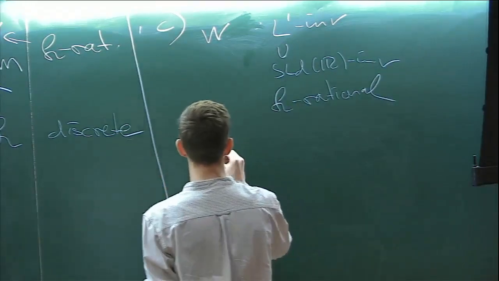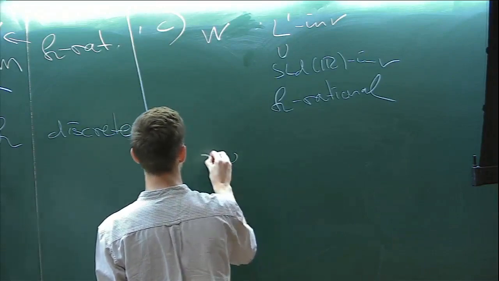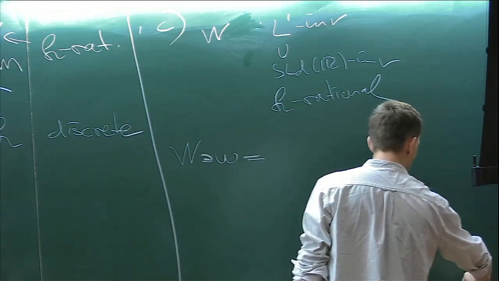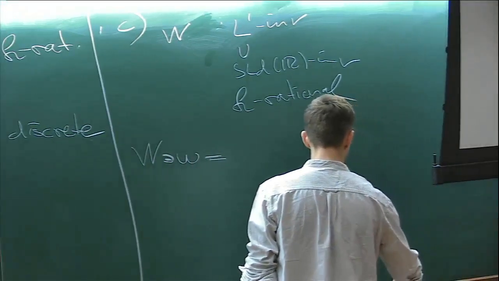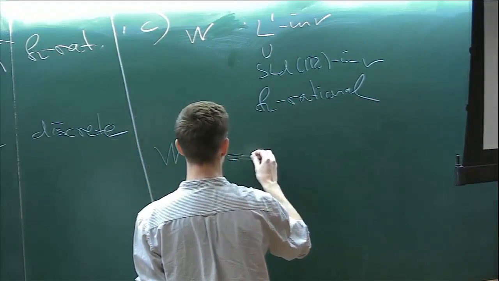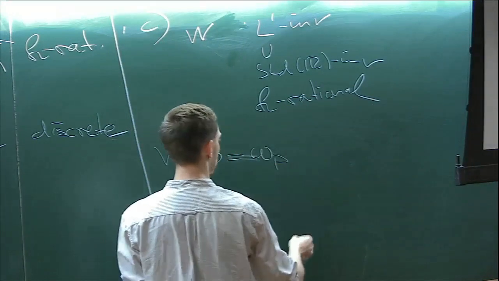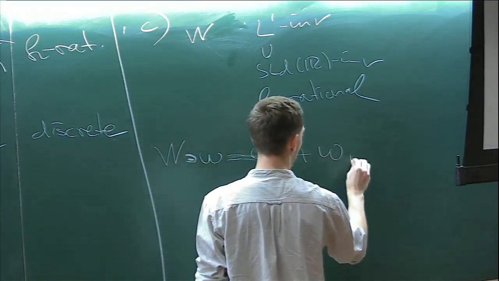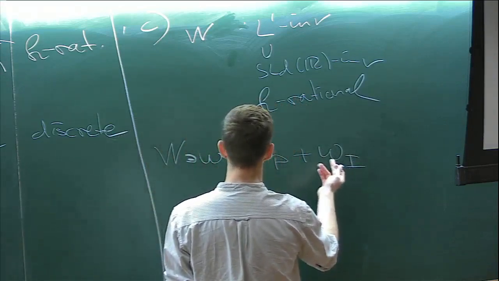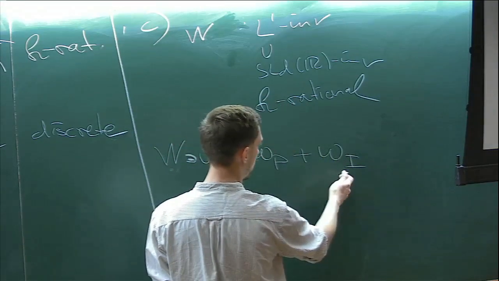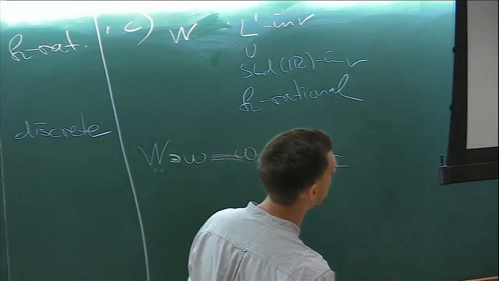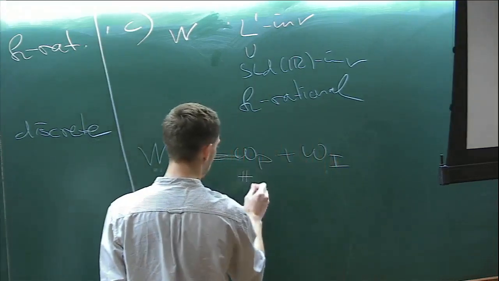We write W as two parts, the physical space and the internal space. Since this space cannot be contained in internal space by assumption I, this part has to be non-zero.